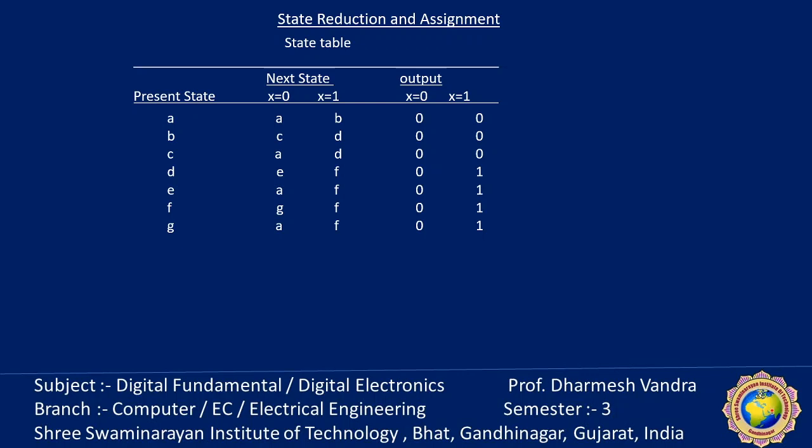Now we will start the process to reduce the number of states. First we need the state table. Now it is more convenient to apply the procedure for state reduction.